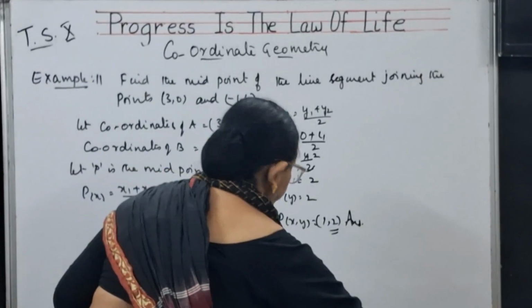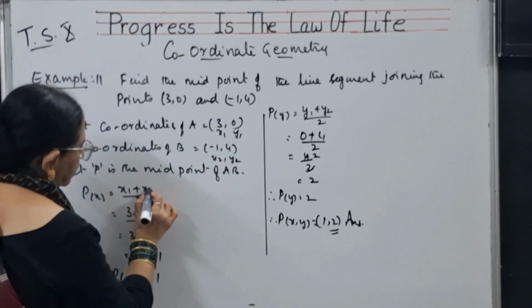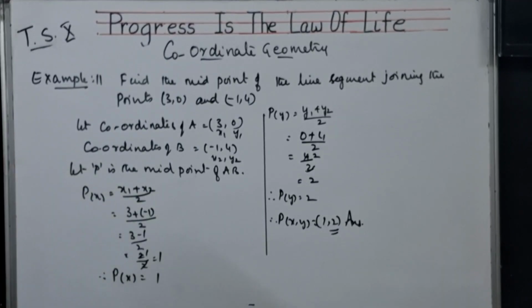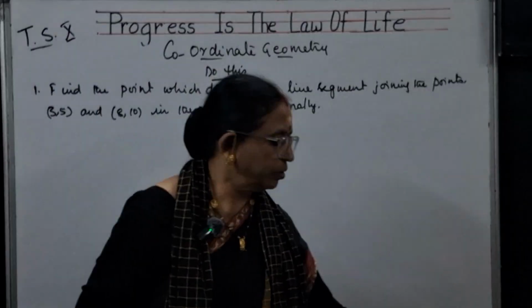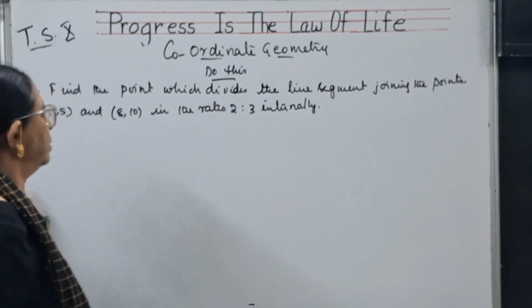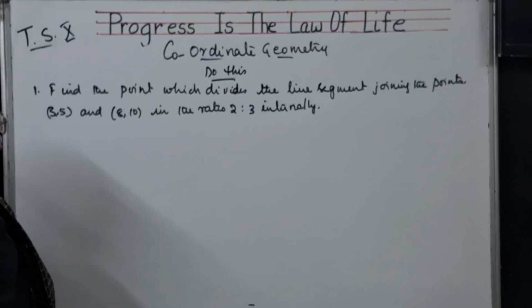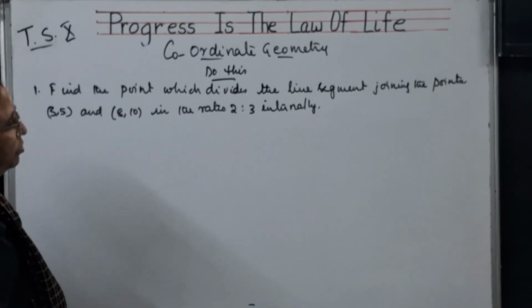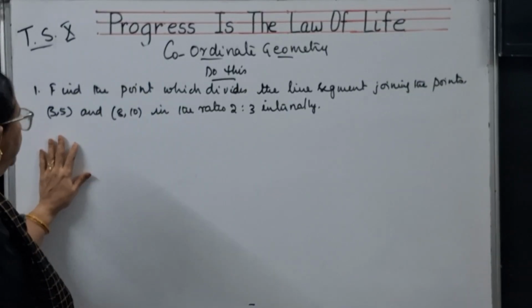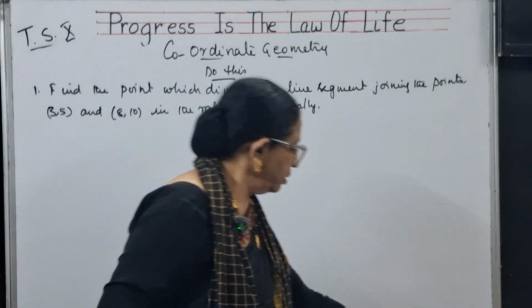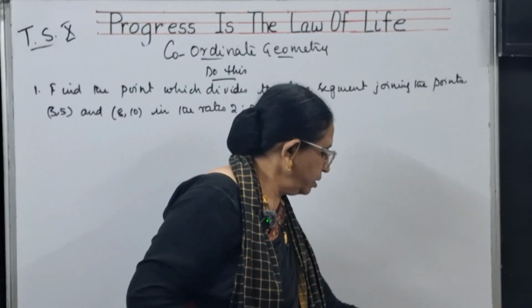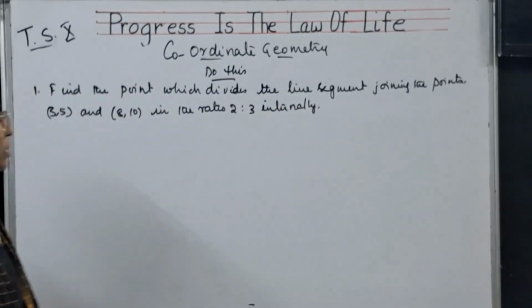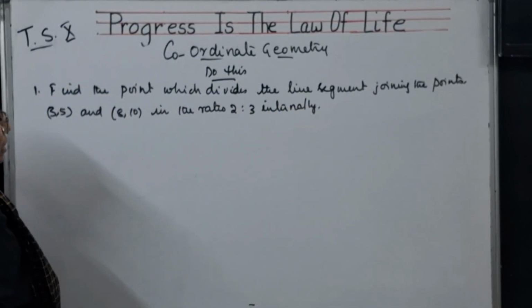P of x is x1 plus x2 by 2. Please note it down, children. Now do this sum, children. This is same as that of the example 10. Find the point which divides the line segment joining the points 3 comma 5 and 8 comma 10 in 2 is to 3 ratio internally.